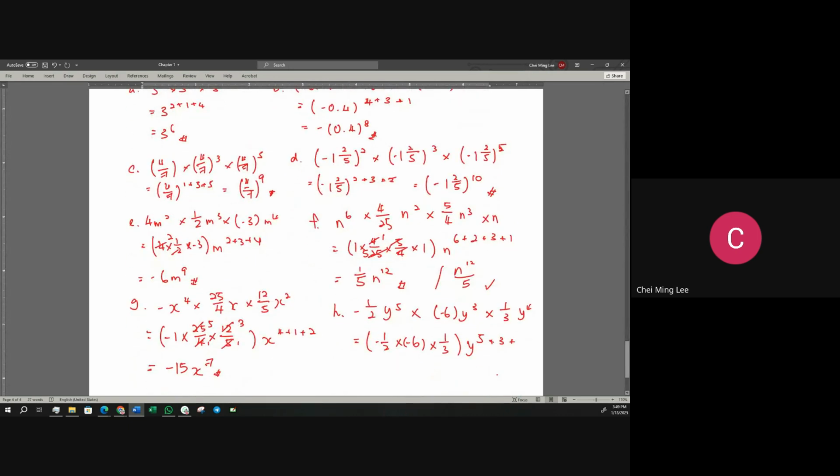Yeah. 4. So you see from here, this one and this one left 3, negative 3. Then this one and this one, negative 1. So negative 1 times negative 1 times 1 becomes 1. 1 only, right? Yeah. So it's y to the power of 12. Is it correct? Yeah.